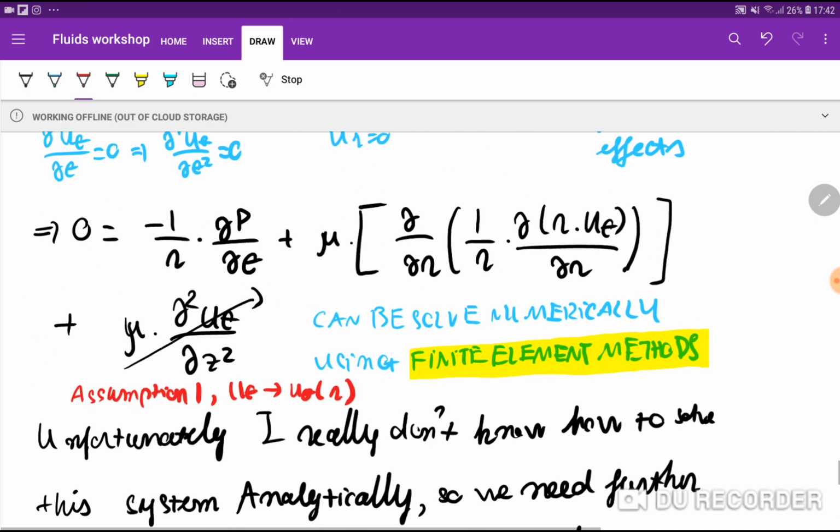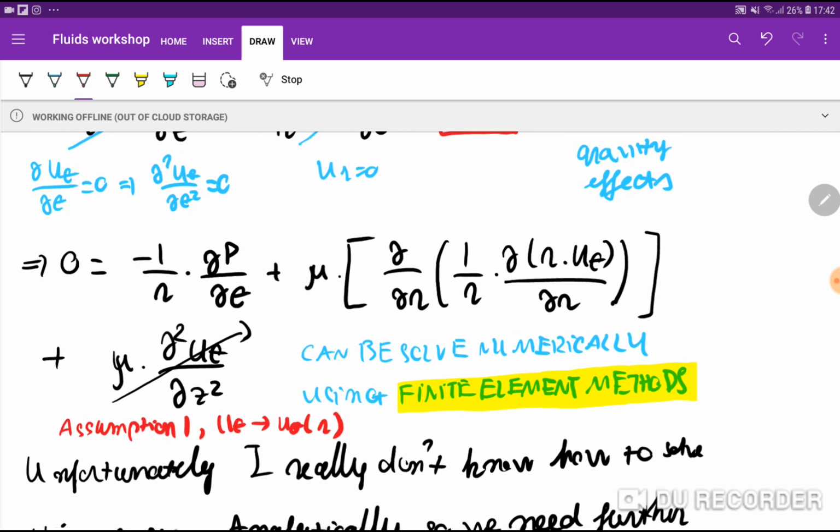The next term we can cancel out is this term right here. Usually this term remains if you want to solve for it, but the pressure usually equals 0 if there's no flow in that direction.